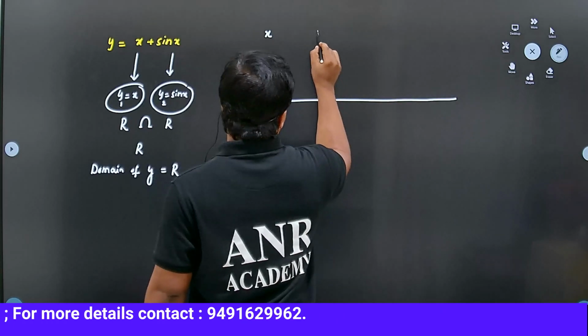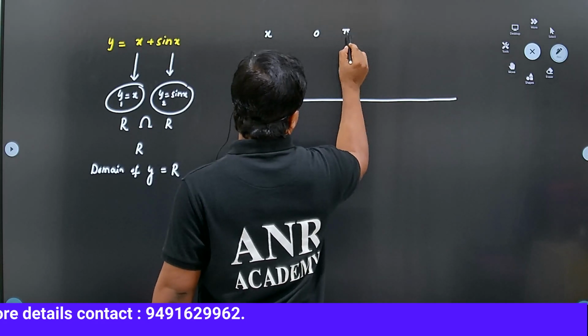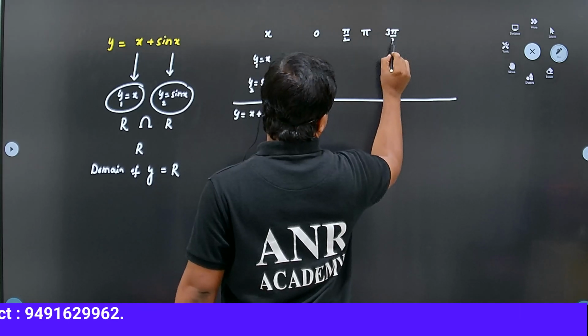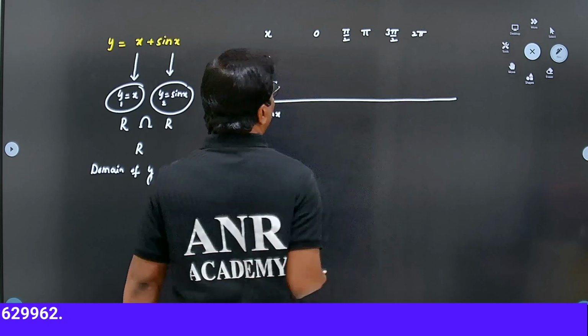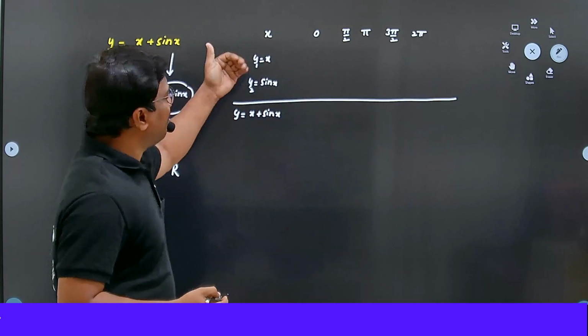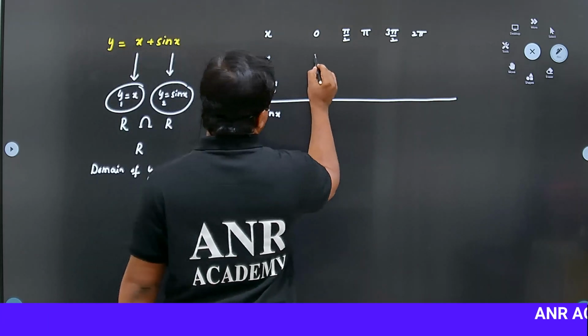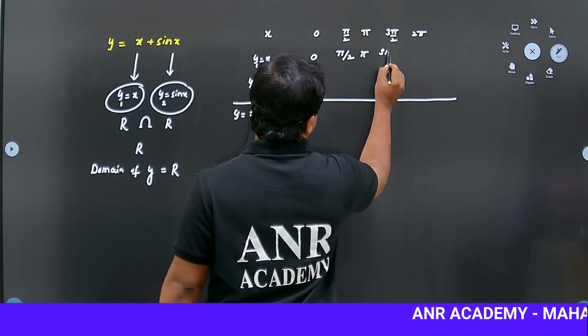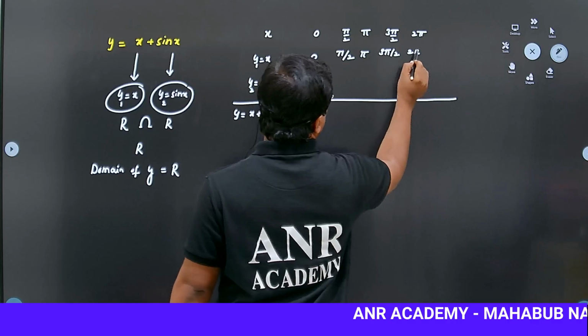Suppose you write 0, pi by 2, pi, 3 pi by 2 and 2 pi, what happens? Observe. y1 equal to x, the same values here, pi, 3 pi by 2, 2 pi.